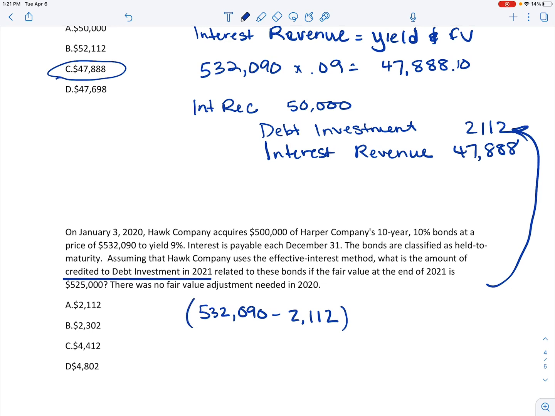We would take all of that and times it by the yield, and that's going to give me my 2021 interest revenue. So that's what we're trying to find, our 2021 adjustment.